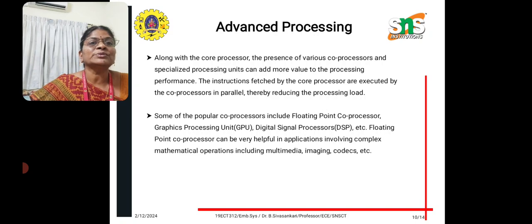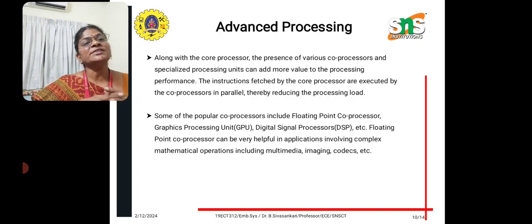Along with the core processor, the presence of various processors, co-processors, and specialized processing units can add more value to the processing performance. The instructions fetched by the core processor are executed by the co-processor in parallel, thereby reducing the processing load.